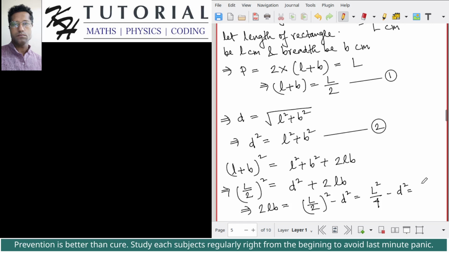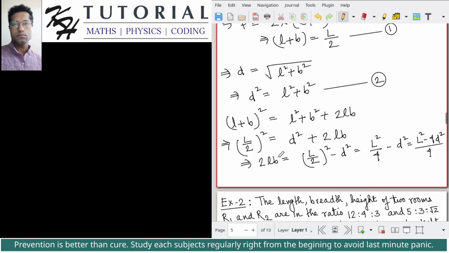If I simplify this further, I will have (L square minus 4 d square) divided by 4. So this is 2 into lb. Now this implies lb, which is also the area, will be equal to (L square minus 4 d square) divided by 4 multiplied by 2. This is equal to (L square minus 4 d square) divided by 8.